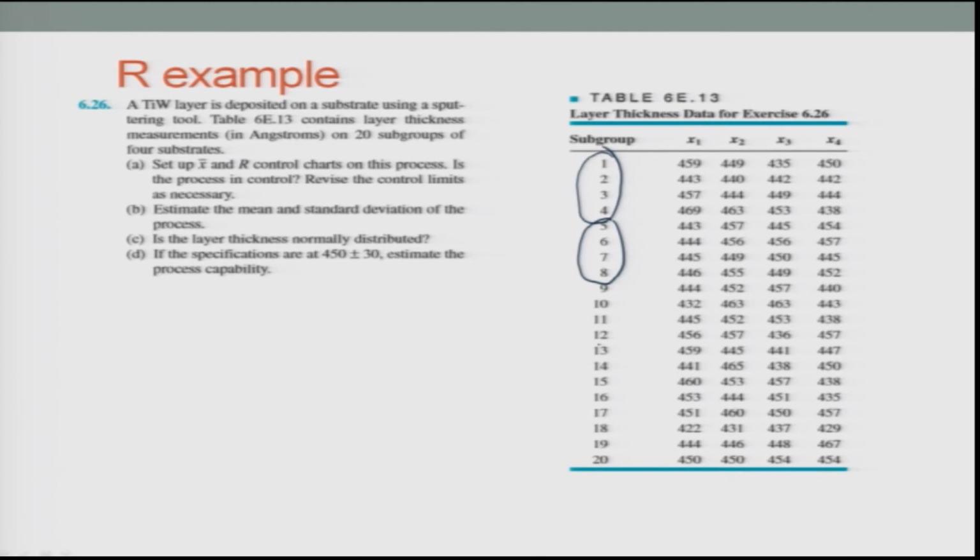So what you need to do is set up the X bar and R control charts on this process. Now, you want to answer: is this process in control? If not, what are the problems? So, obviously, you have to take some decisions accordingly. Revise the control limits and do your calculations again.